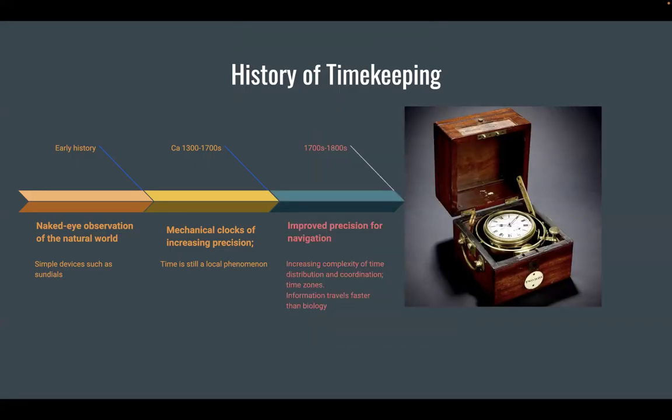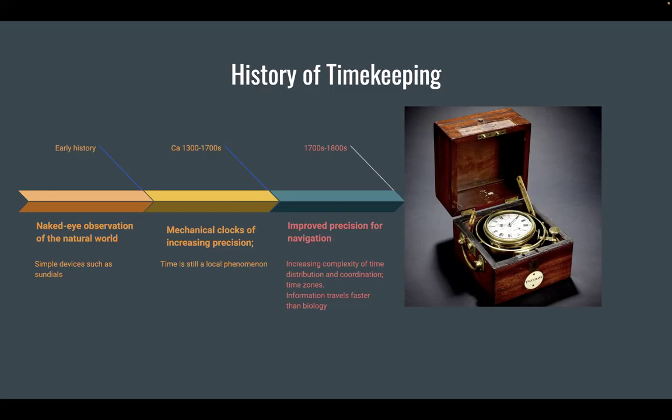The big push, and we'll see this throughout history if you go into a deeper dive, is that the development of technology really pushed the development of more precise and accurate time. This is a chronometer developed by John Harrison for the longitude challenge issued by the British Crown or Parliament to develop an accurate timepiece for navigation purposes.